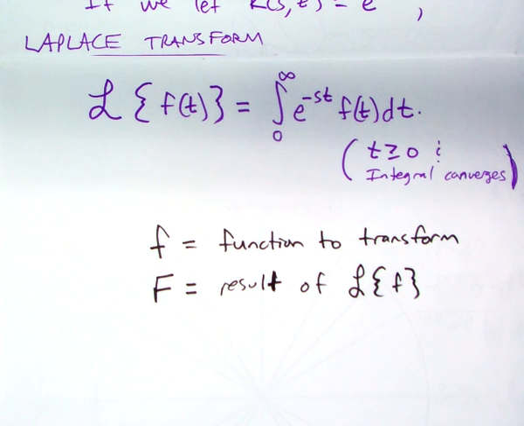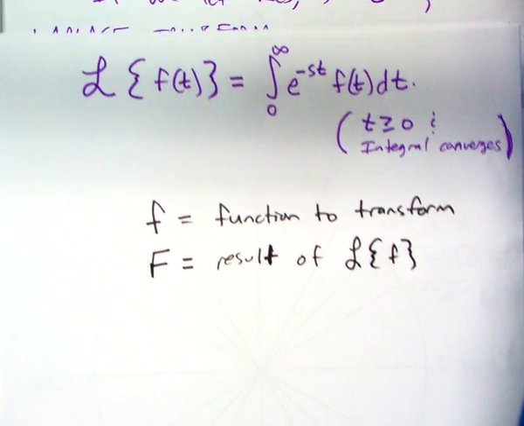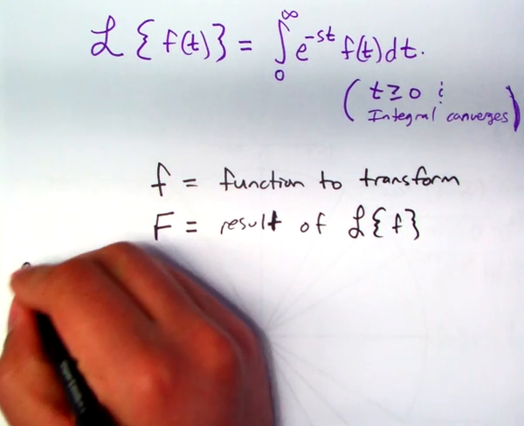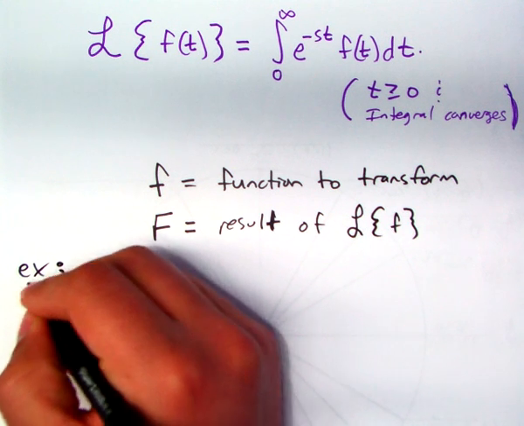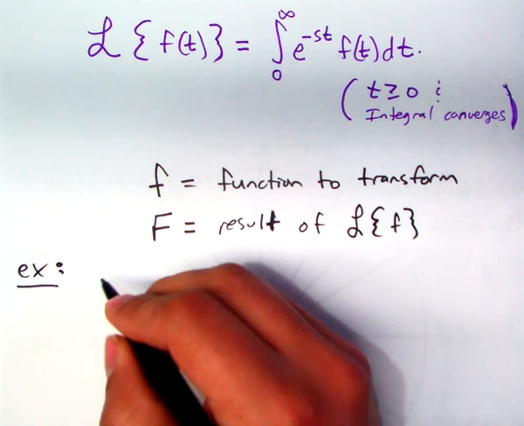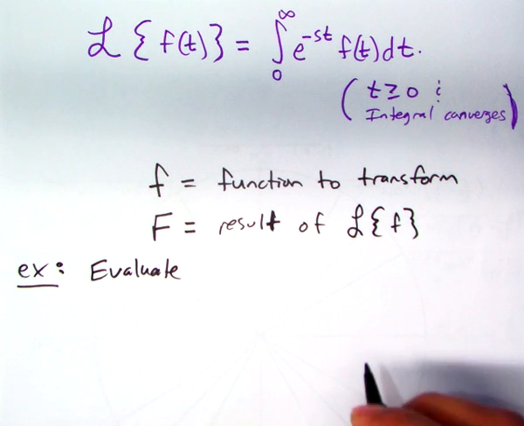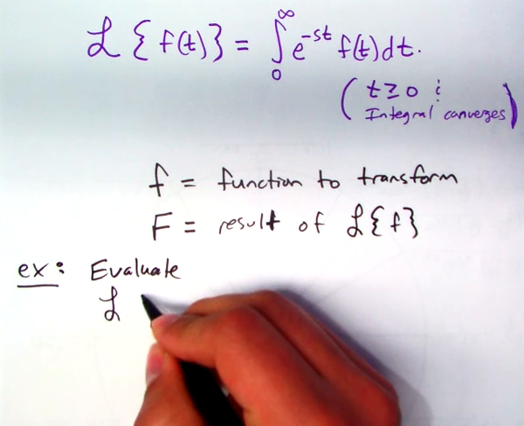Let's do a quick example and then talk about some of the properties that we need to get really comfortable with moving forward. We'll start off nice and easy. Let's say we want to evaluate the Laplace transform of 3.